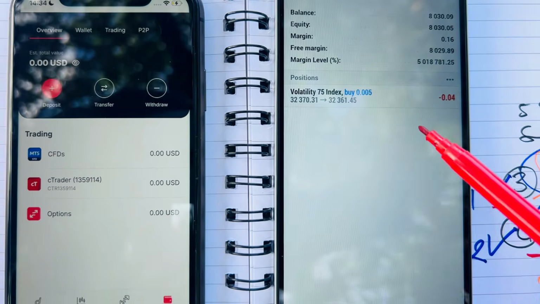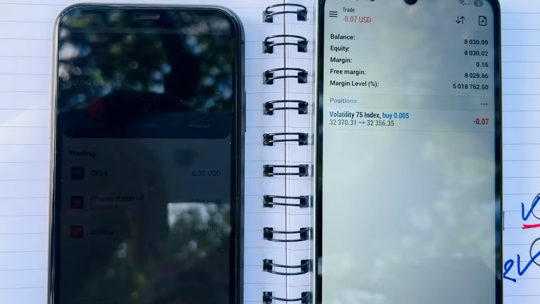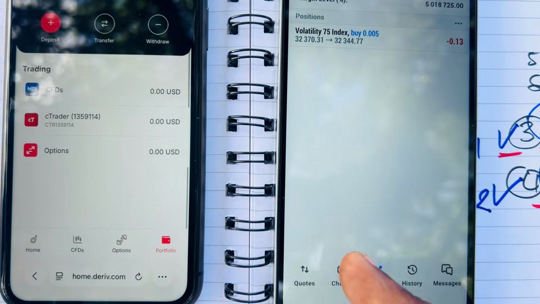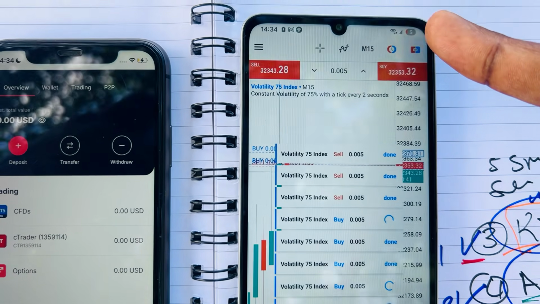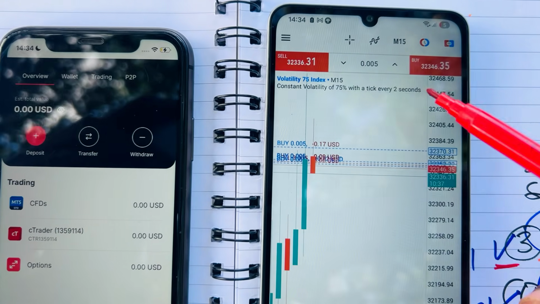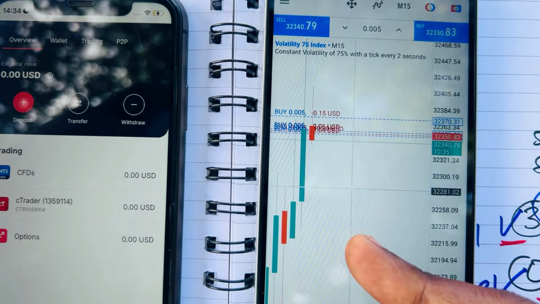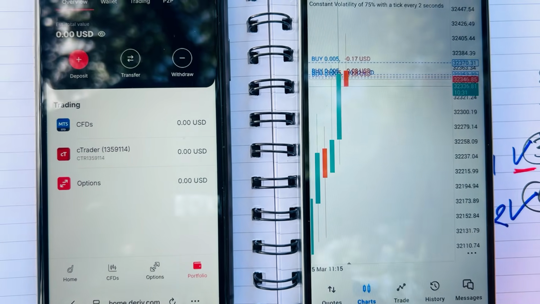You will learn more by being practical, by learning every day, by exercising using this app. You can buy, set a stop loss, set take profit, use these features, use the crosshair here, and just practice using the platform.